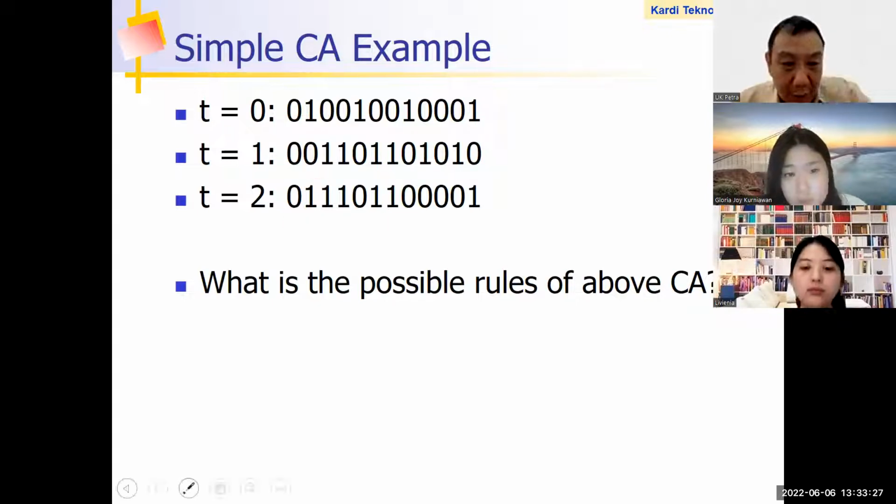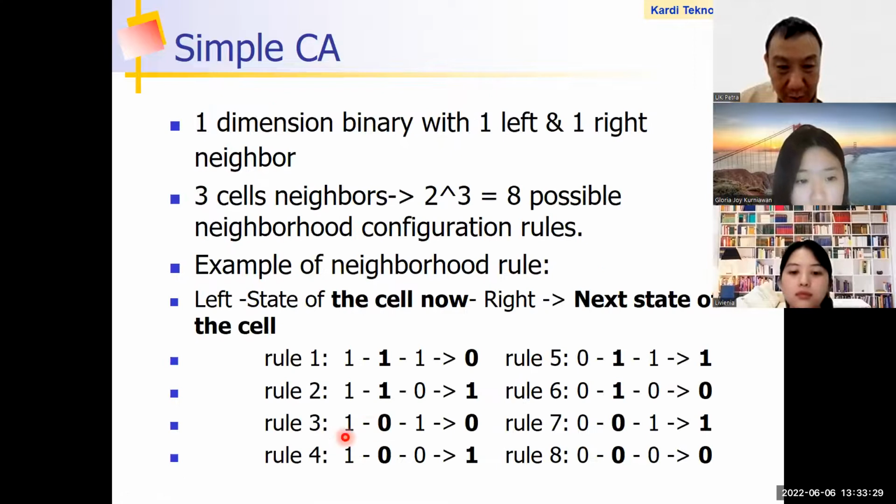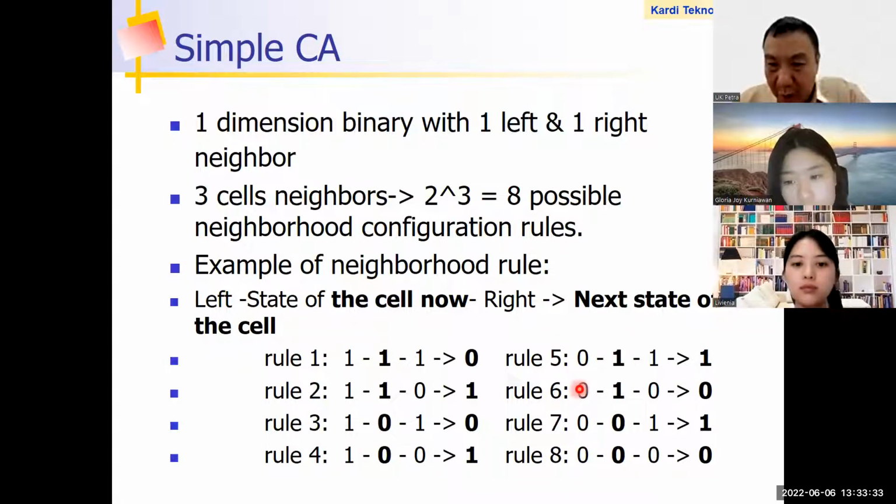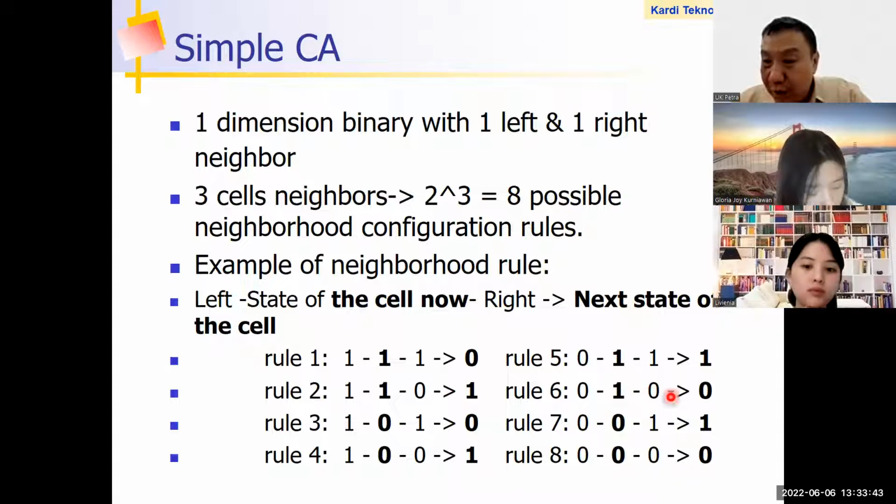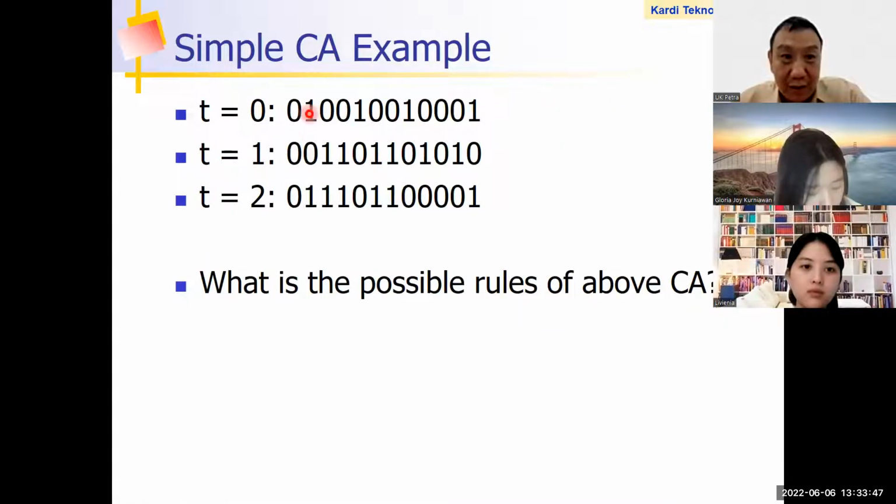If you find 0, 1, 0, you replace the center 1 with 0.